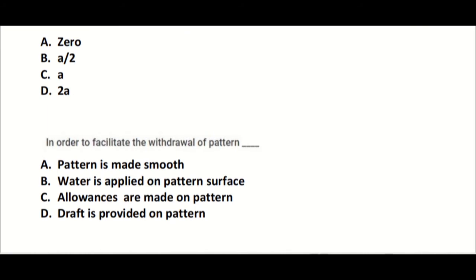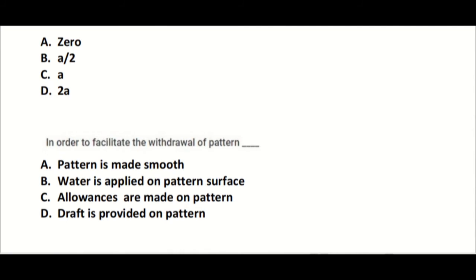In order to facilitate the withdrawal of the pattern, for easy removal of the pattern, we need to give an allowance on the pattern. Which allowance do we need to give? We need to give draft allowance.